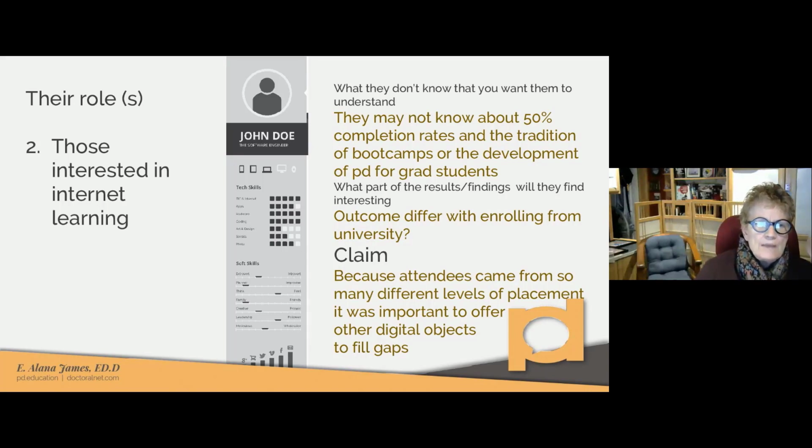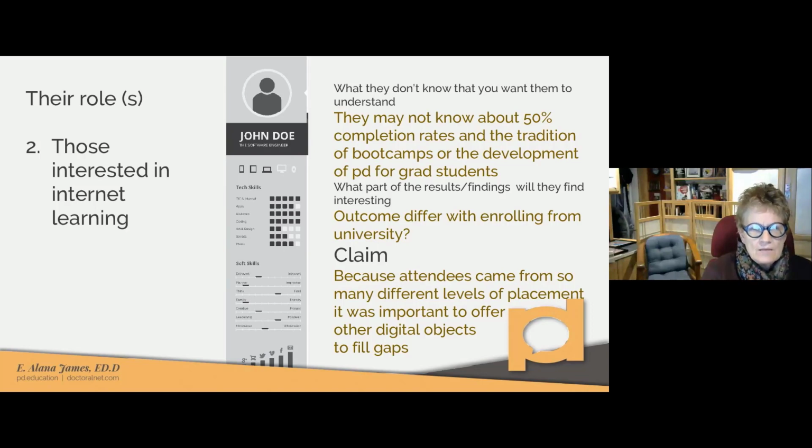And they may know a lot about online education, but they may not know anything about the fact that master's and doctoral work tends to have a 50% completion rate, that we're trying to figure out how to use these tools to help. They may also not be familiar with boot camps except in their own experience. So the tradition of boot camps and the development of professional development may be new to them.